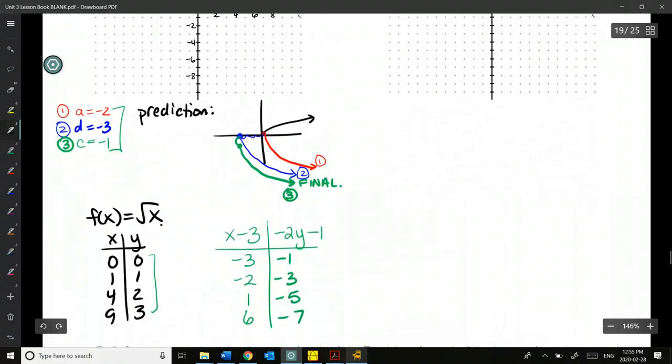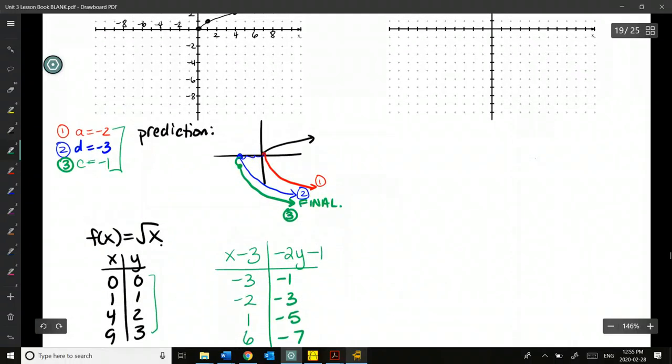Okay, and then we're going to graph each of these points here. So -3, -1, -2, -3, 1, -5, and 6, -7. Notice as well where your 0, 0 got transformed to.